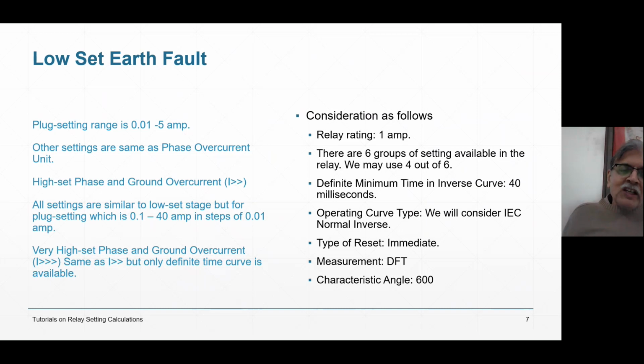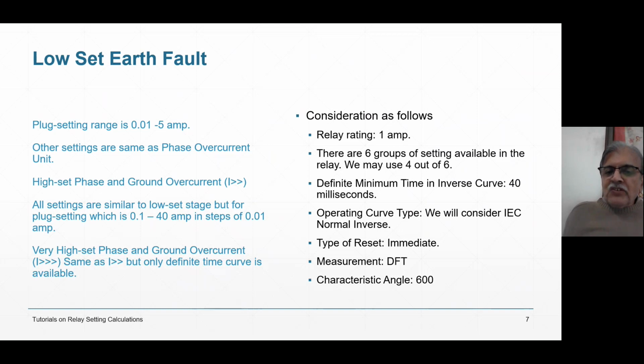In that also there are many settings, more or less similar to low set, but plug setting range is 0.1 to 40, not 0.05 to 5, but 0.1 to 40, larger, in steps of 0.01 ampere. Third, very high set phase and ground overcurrent, I triple greater than. Same as I double greater than, but there is only one characteristic available, definite time. No different kinds of characteristics available. Try to understand, right?